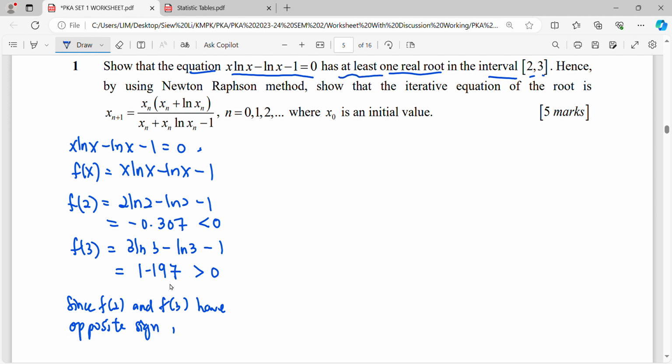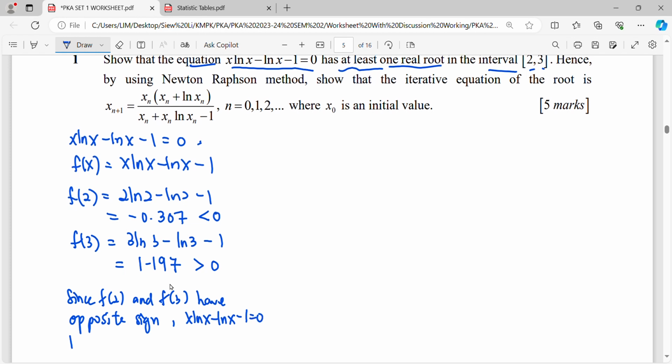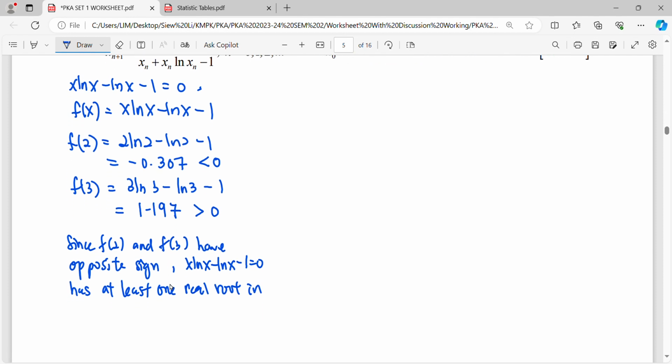So your equation here has at least one real root in the interval [2, 3]. Alright, so the first part of the question, showing, is done.